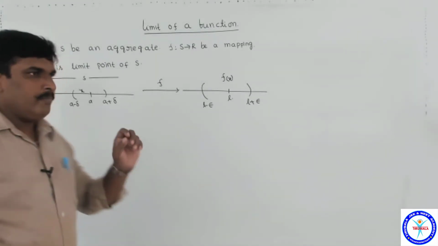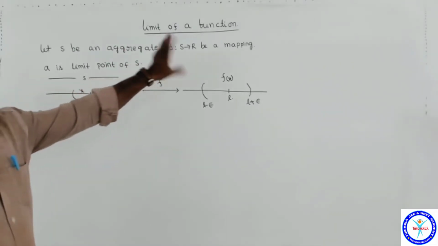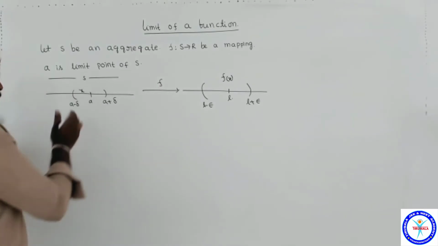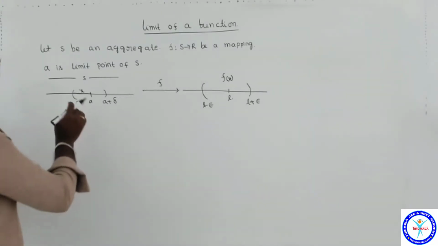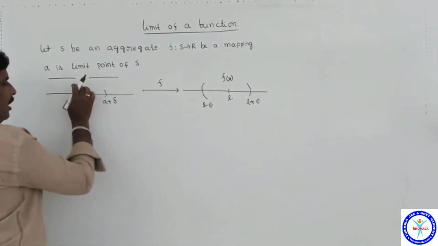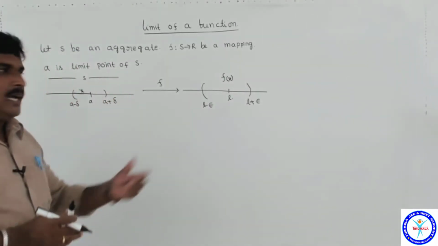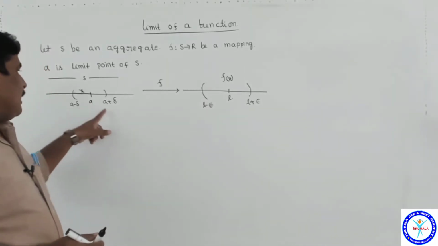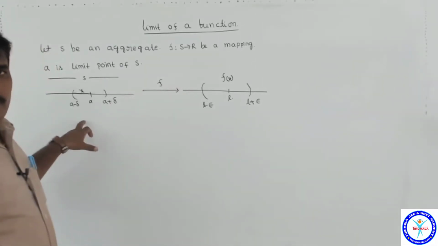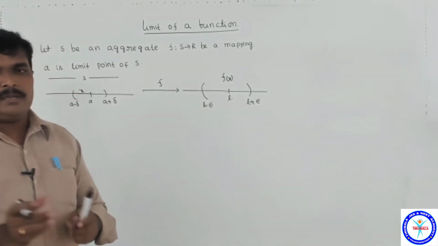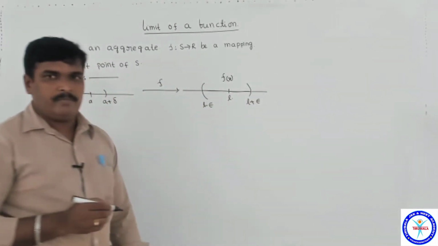Once again listen to me. A is the limit point of the domain of f. Here x moves in the left neighborhood. So when x lies in the left neighborhood, all images always lie in the neighborhood of L. This is the neighborhood of L. Here delta represents the domain and is a positive real number, and epsilon is also a positive real number, used for convenience in the range.